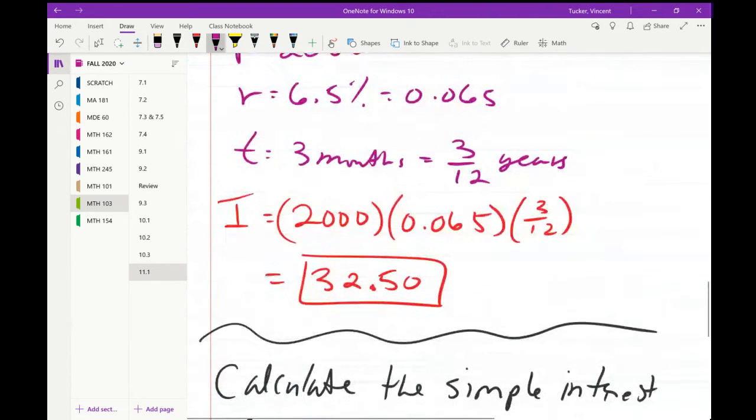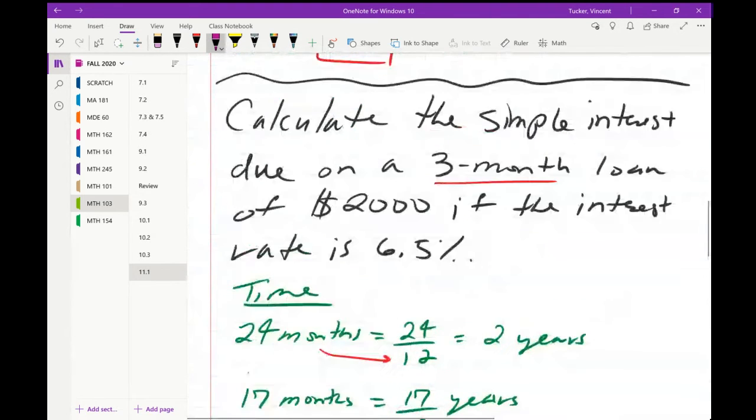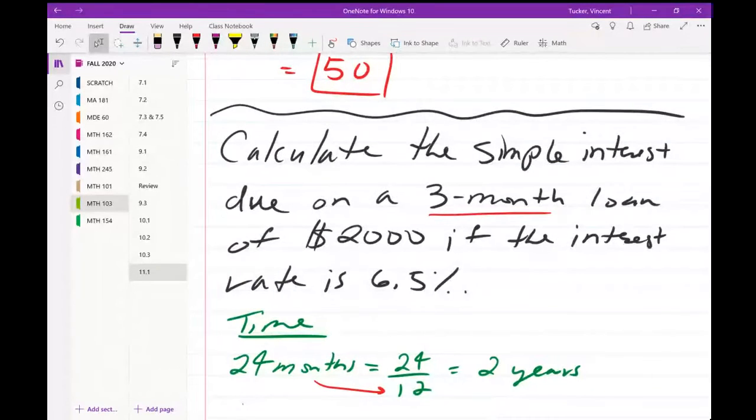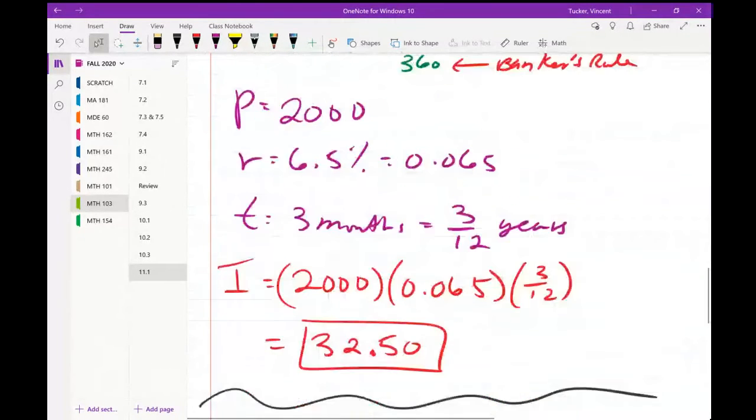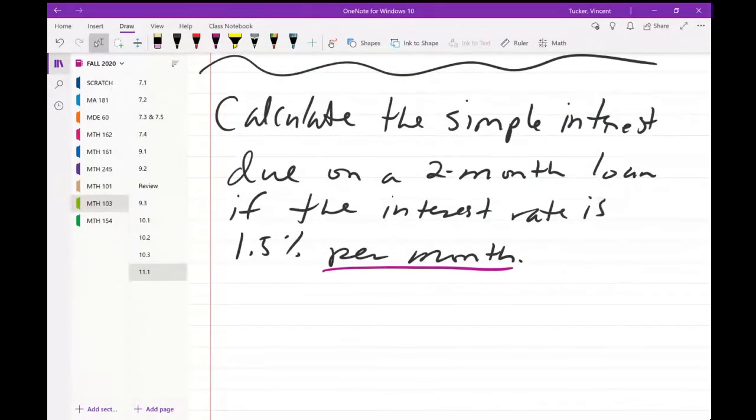None of my other interest rates, if you go back and look, had this statement per month. Remember I said that we were going to assume that things were in years unless otherwise told. Since the rate is per month, everything we're looking at is per month. That means I do not need to convert this 2-month time period to years because we're looking at it in terms of months.